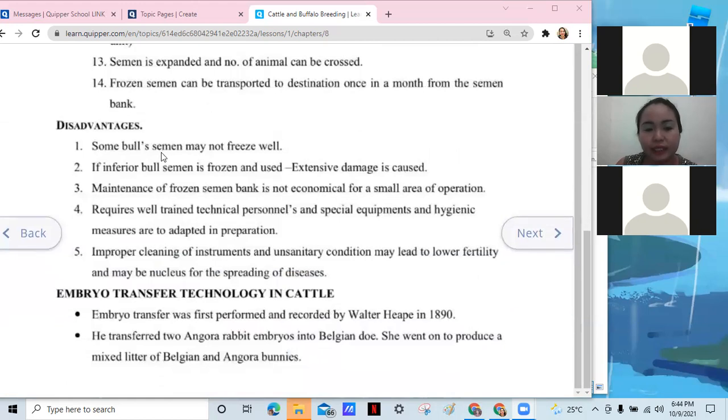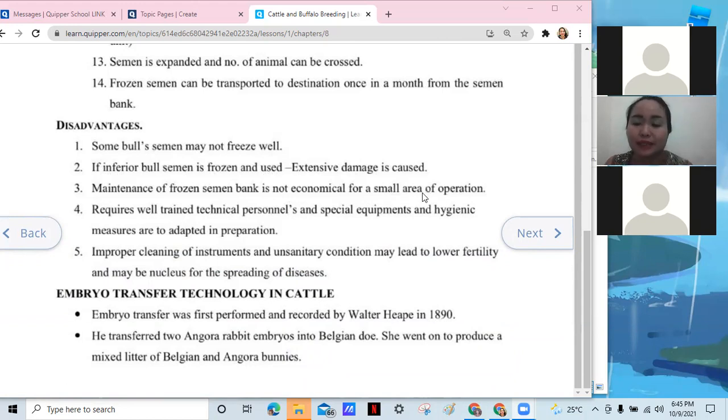However, the disadvantages are that some bull semen may not freeze well, so we will lose it. And if inferior bull semen is frozen and used, there could be extensive damage. Maintenance of a frozen semen bank is not economical for small-area operations.